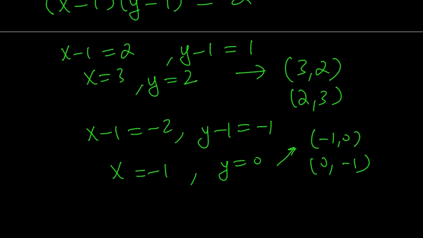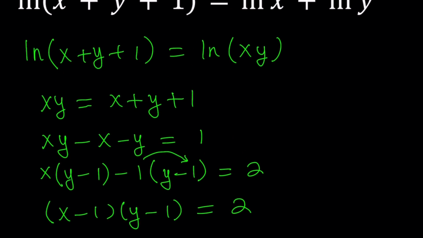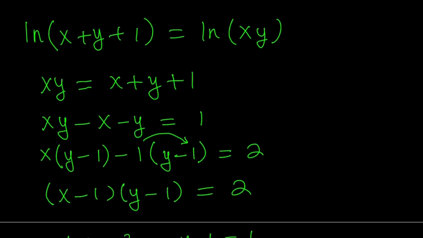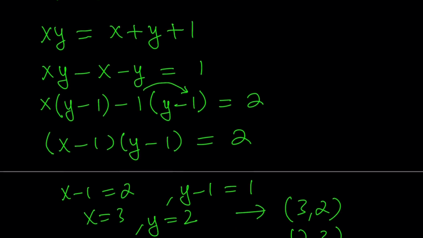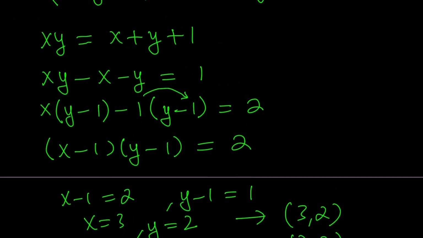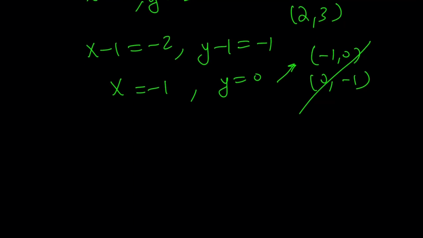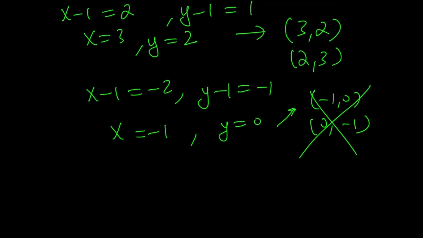This is problematic because our ln function, the natural log, is not defined for negatives and 0. It's only defined for positive values. Therefore, we're going to reject these values, and we end up with 2 ordered pairs for integer solutions.